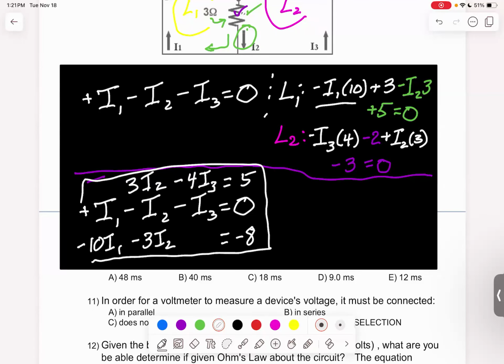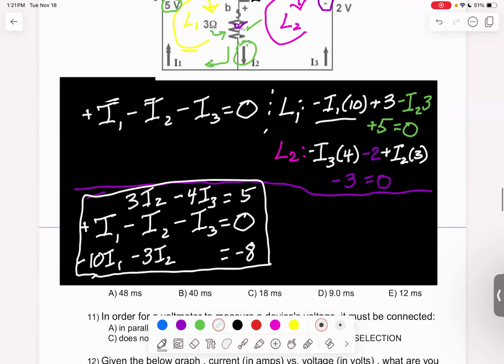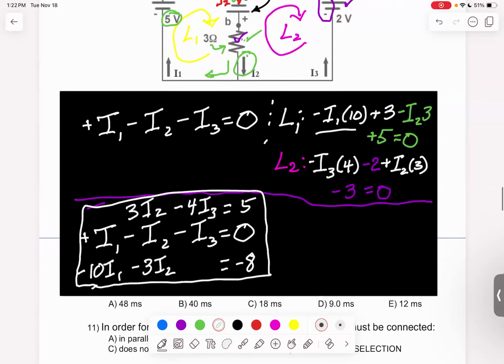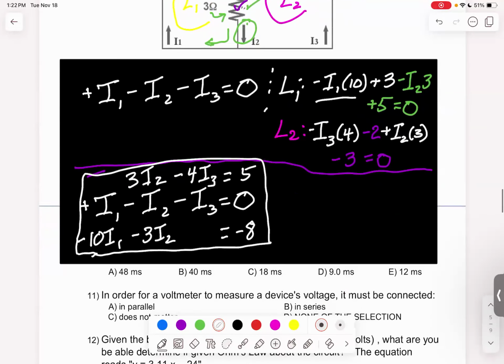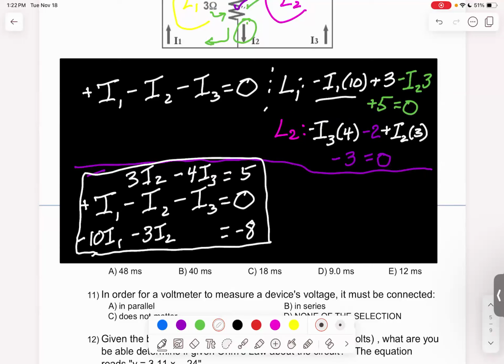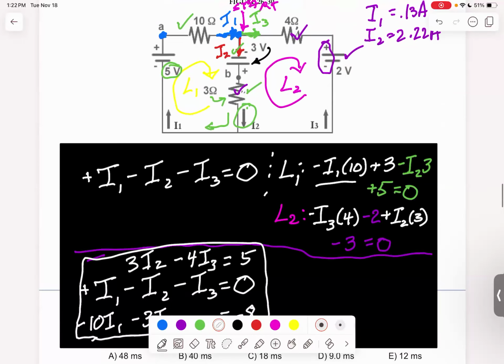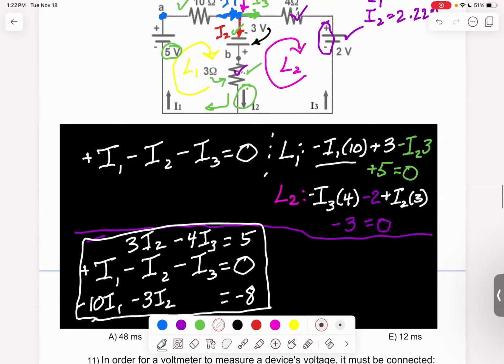So here's my system, and you should be able to solve this system for any one of the unknowns. So let's see. A lot of this was already given, so we can fill in some of the blanks.